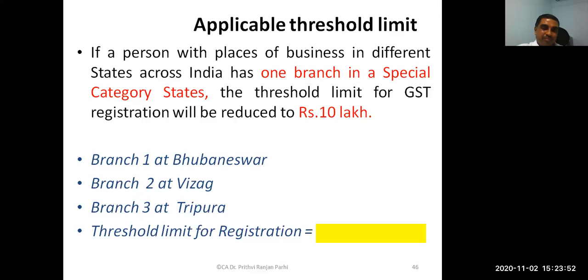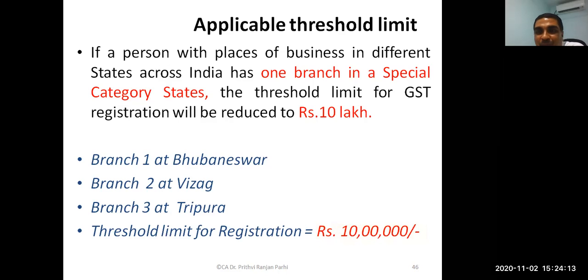There are different branches in different states, and one of the branches is in a special category state. Can anyone tell me? It is 10 lakh. Yeah, you are right. The threshold limit for registration is 10 lakh.